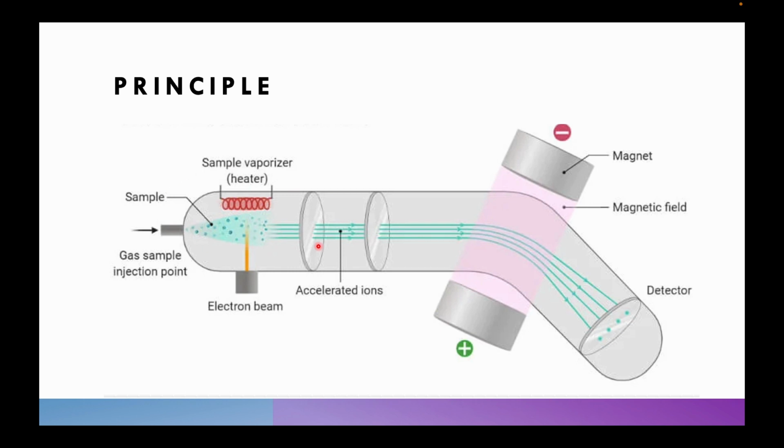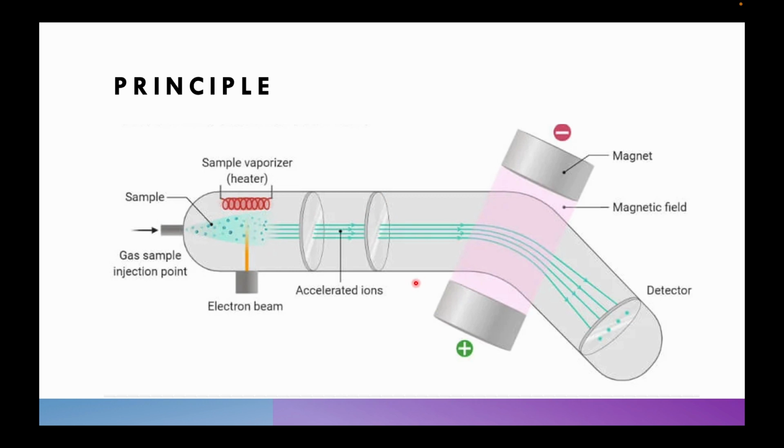Why? Because if you see these electric plates, they all are charged, with the magnetic field and the electric field. So for the sample to move from here to the detector, the ions should be there so they can be accelerated, because if it's not in the ionic form, it cannot pass through this plate, right?